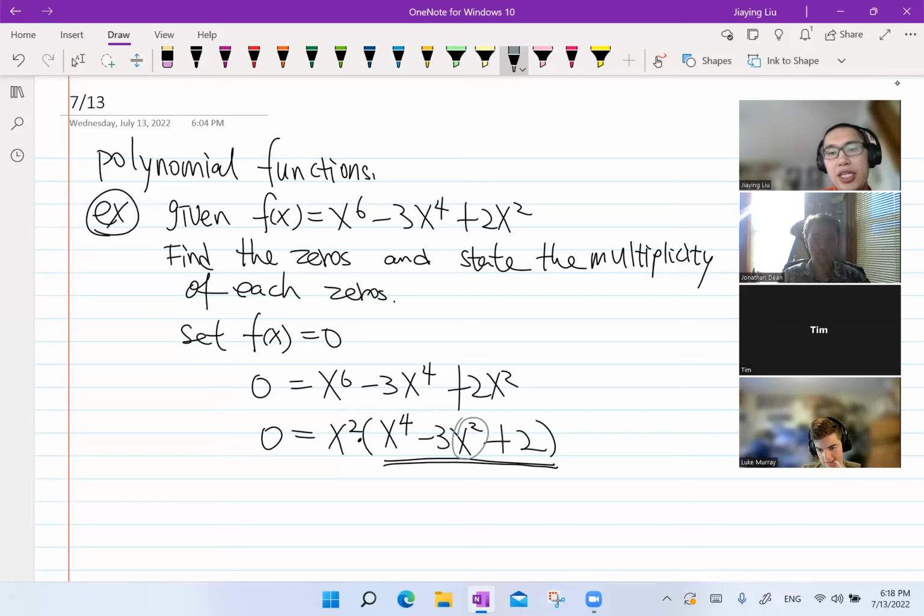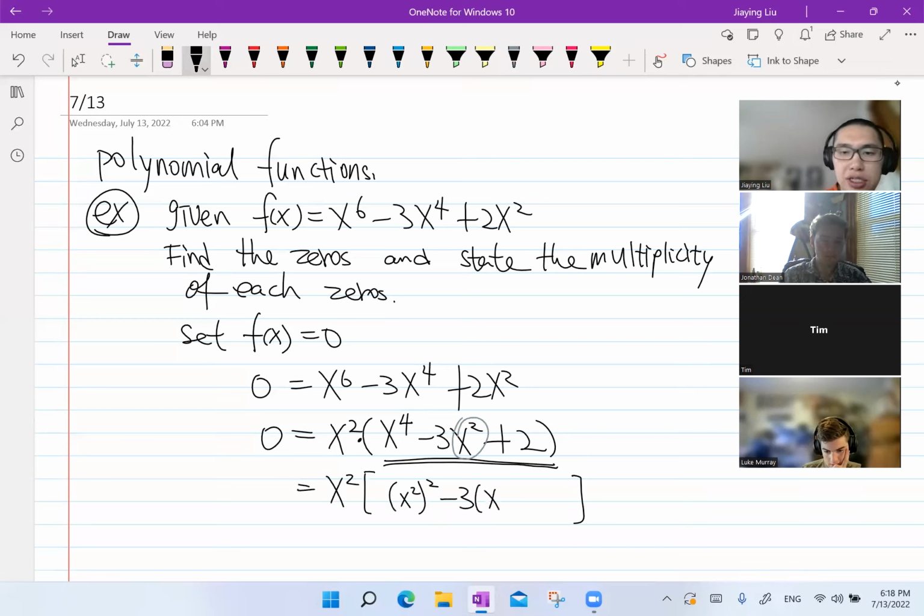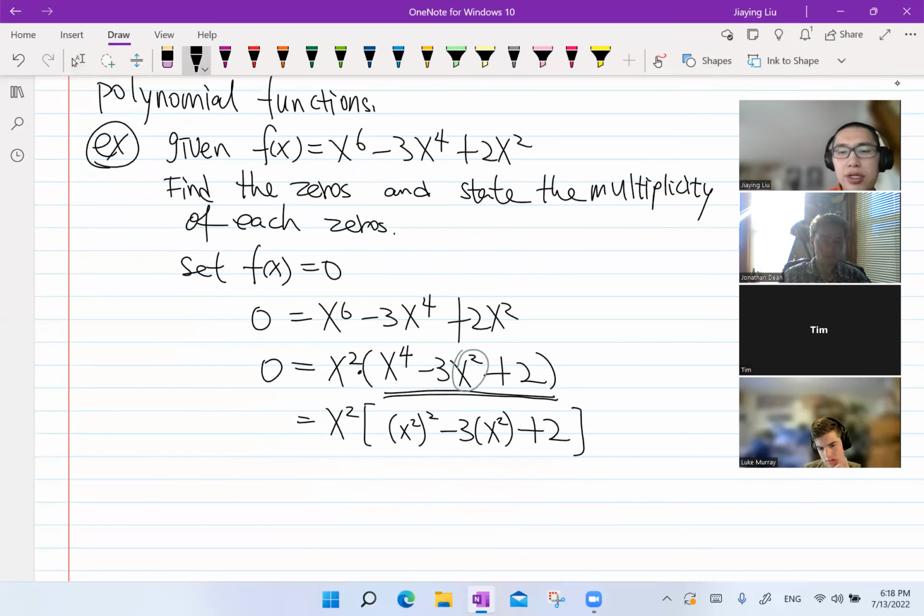If we think about x to the 4th as x squared squared, I'm going to use brackets here, so I get x squared squared minus 3x squared plus 2. So we can actually think about this as a quadratic expression that we can factor further, but keep in mind that x squared is kind of like the x in a quadratic expression.